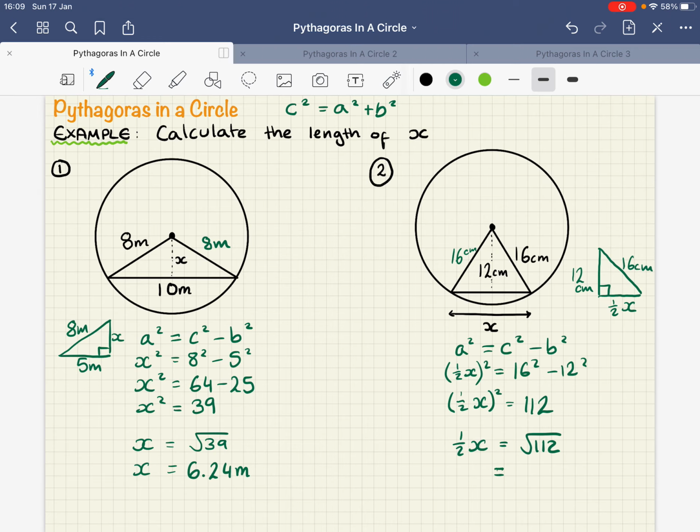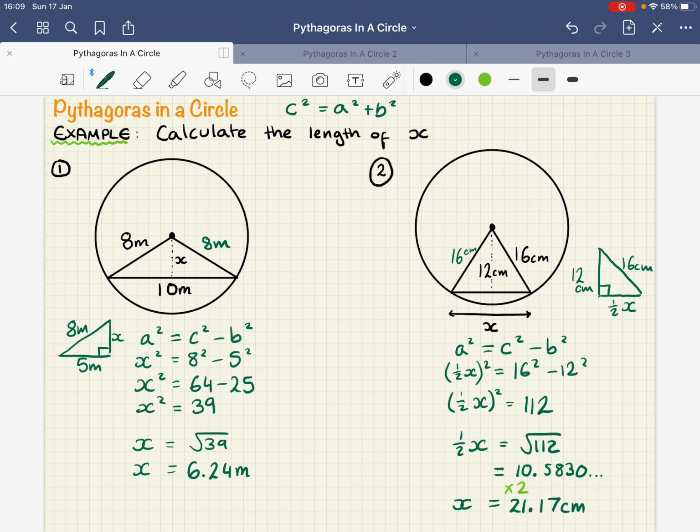And so when I put that into a calculator, that comes out as 10.5830 and so forth. So then all I need to do is take the answer and times it by 2. I just want to double it to find out what x is. And so then x to 2 decimal places is 21.17 centimeters.